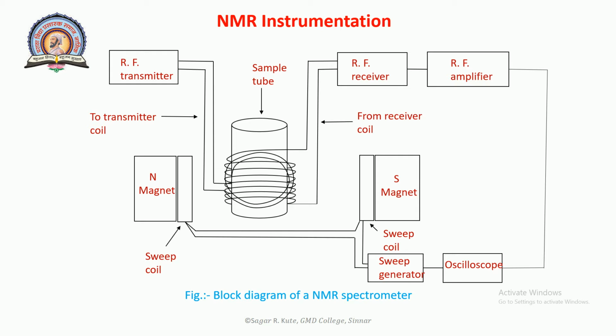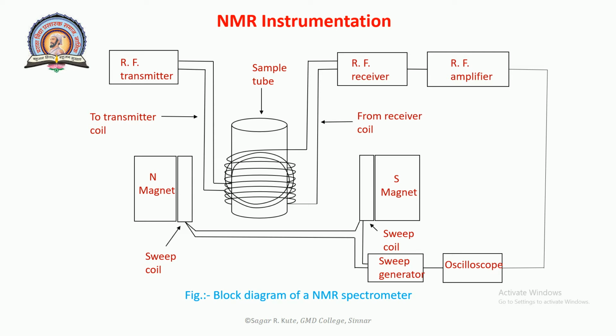One can observe the spectrum experimentally either by varying the external magnetic field, keeping the frequency fixed, or by varying the frequency, keeping the magnetic field fixed. The first approach is often preferred since it is difficult to vary the frequency at a very high level of stability, that is, 1 in 10 raised to 7 or better.